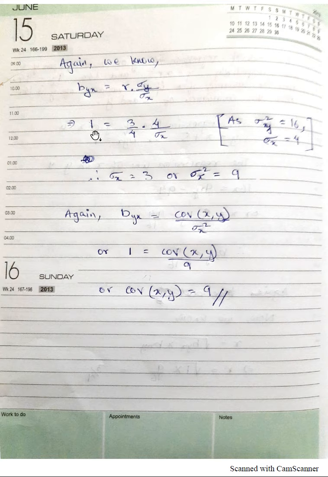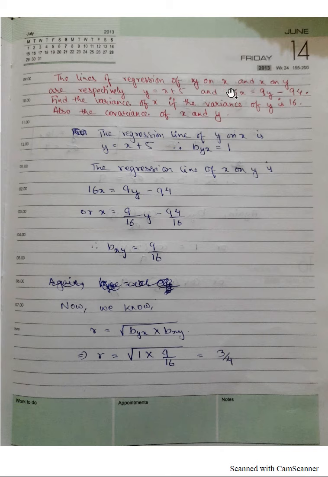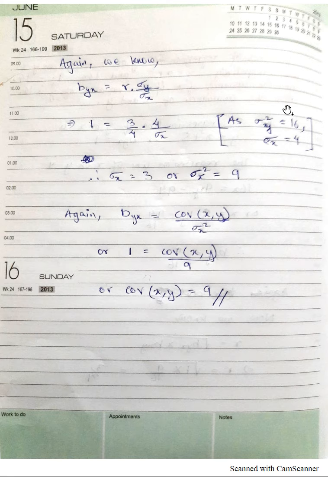Since we are given the variance of y, sigma square y, that is equal to 16. I'm sorry, I have written sigma x here; it won't be sigma x, it will be sigma y. Sigma y will be under root 16, which is equal to 4.